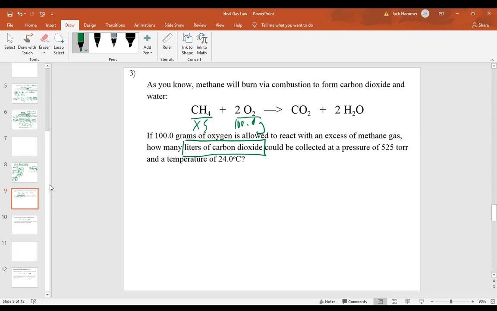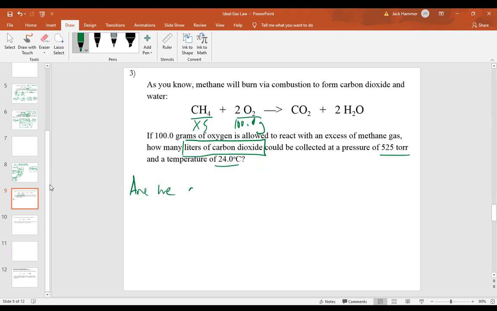How many liters of carbon dioxide could be collected at a pressure of 525 torr and a temperature of 24 degrees Celsius? Well, in order to solve for volume, we're going to need the ideal gas law, because are we at STP conditions?